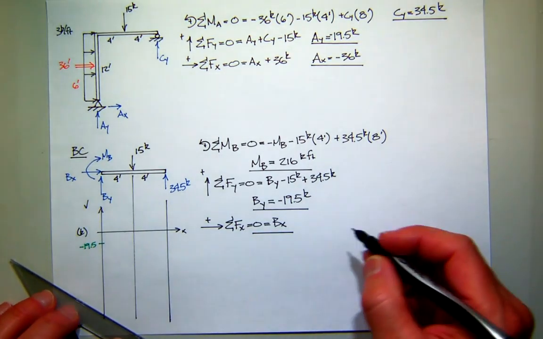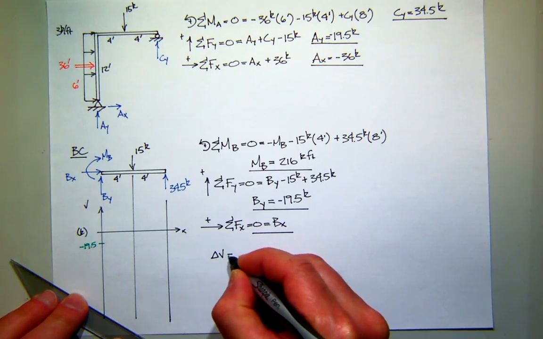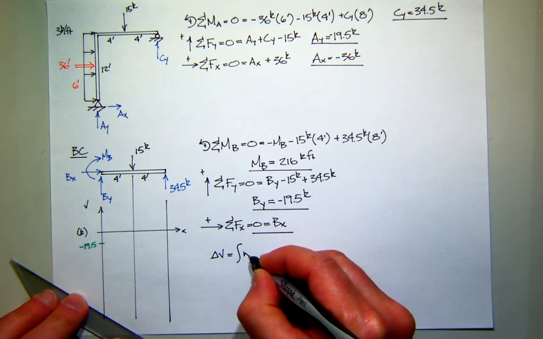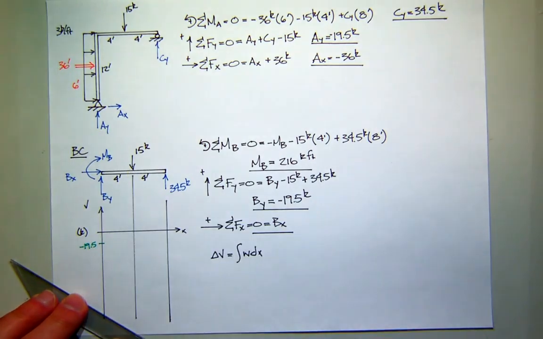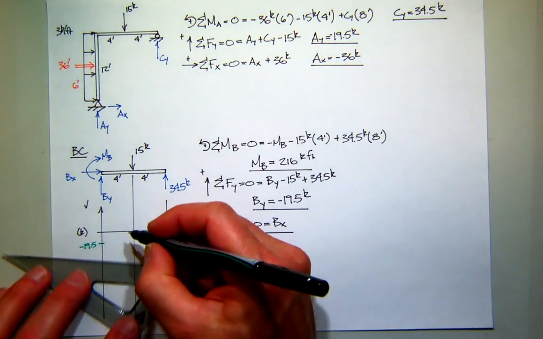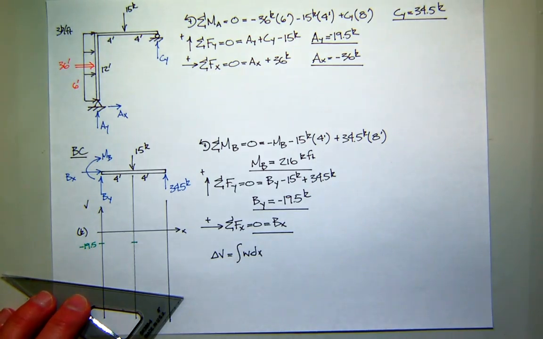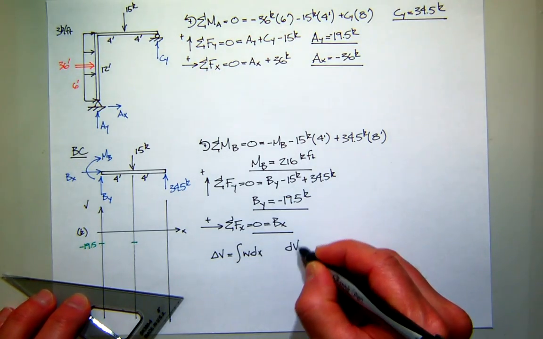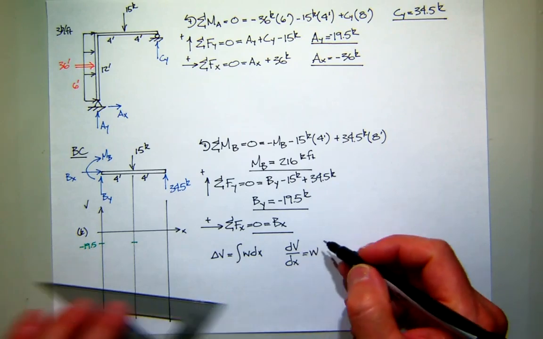Now, remember, the change in shear is equal to the area under the load curve. What's the area in the load curve for the first 5 feet? 0. So it's going to stay 19.5. And of course we know that the slope of the shear diagram is equal to the load, right?